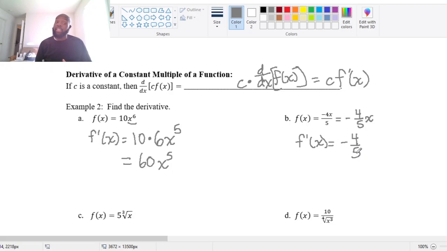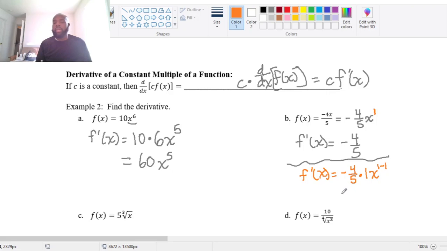Now, if you didn't want to think of this as a linear function, you could still use the power rule, all right? So alternatively, you could say, oh, well, that's x to the first power. So if I want to do the derivative of that, I have my constant multiplied out front, and my exponent will be multiplied out front, and I reduce my exponent by 1.